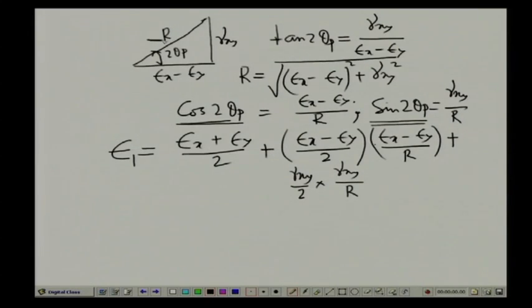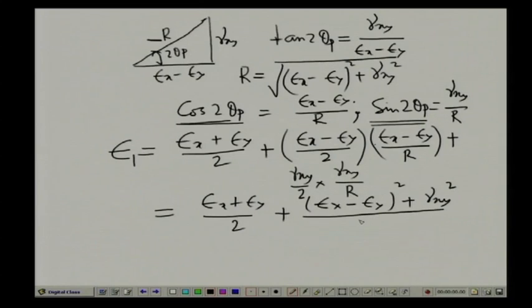Hence, this is equal to (epsilon x plus epsilon y) by 2 plus [(epsilon x minus epsilon y) square plus (gamma x y) square] divided by twice r, and the numerator (epsilon x minus epsilon y) square plus (gamma x y) square is nothing but r square. So, this r square gets cancelled, and it becomes r by 2.